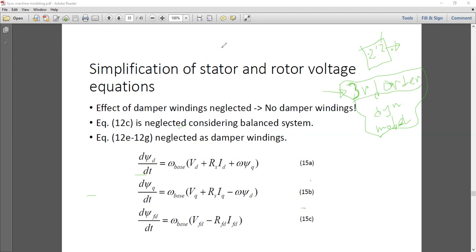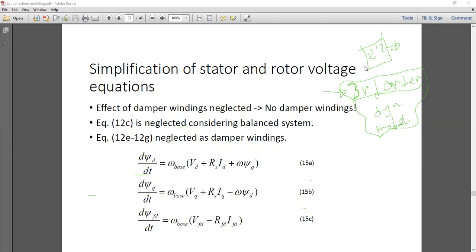But the most common one used in practice, in industry or industrial simulation software for simulating different dynamics associated with their plant, is the model 2.2. The commercial software mostly use the model 2.2.